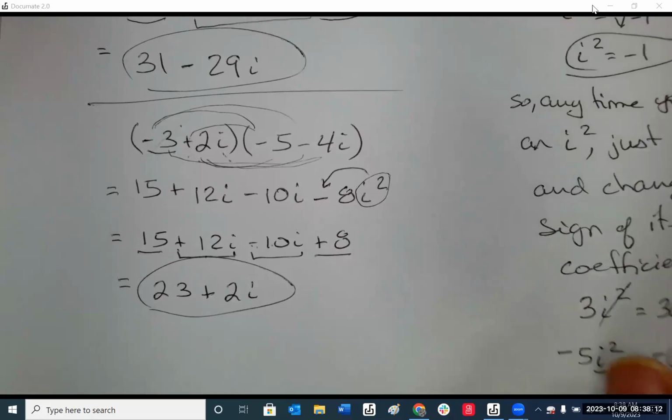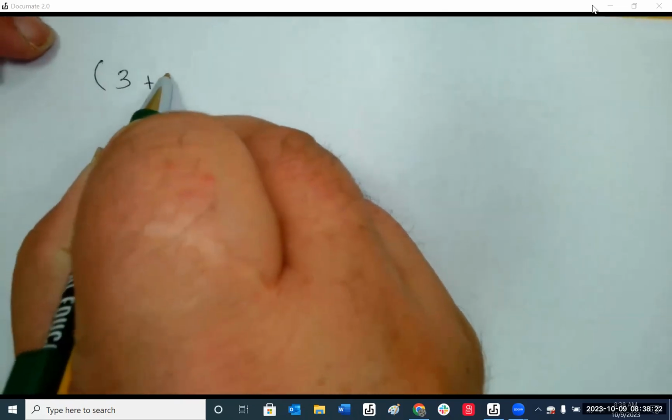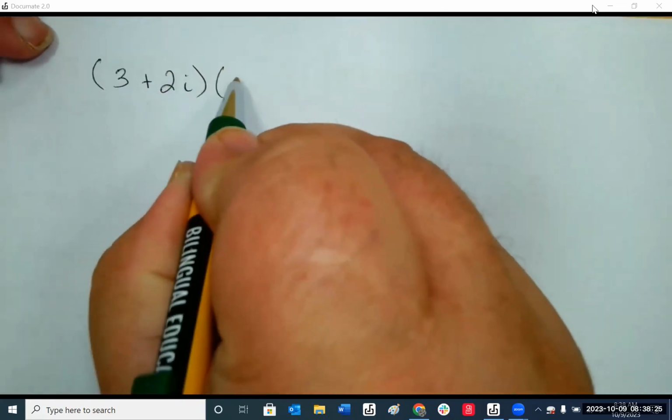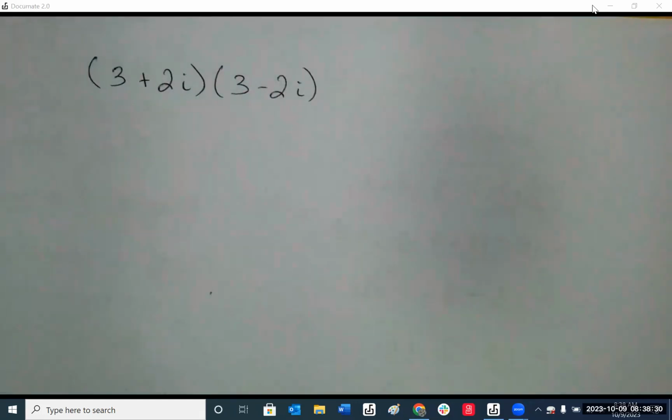Okay, now I'm going to show you a special type of product with these imaginary numbers. What do you notice about this one? Same numbers, but different signs. We learned this in the first part of chapter 2.